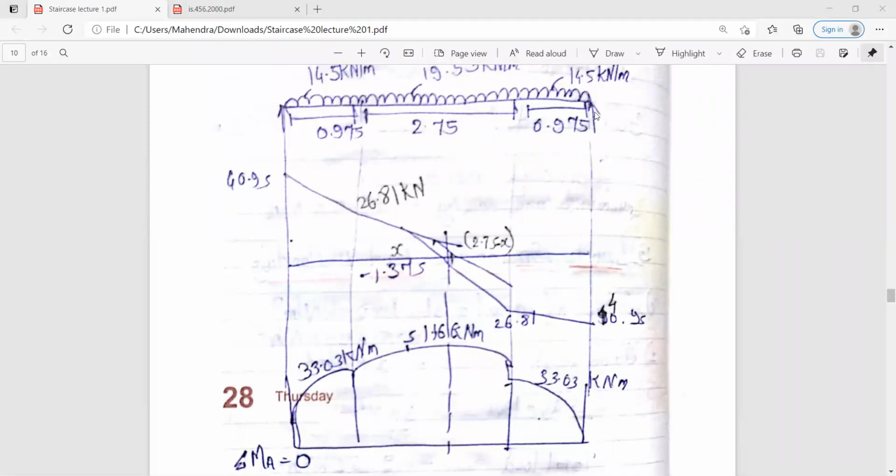This load, that is 40.95 into this distance, that is 0.975, minus 40.95 into 0.975 plus 14.5 into 0.975 into 0.975 divided by 2. You are going to get the value, that is 33.03 kilonewton meter bending moment at this particular point.